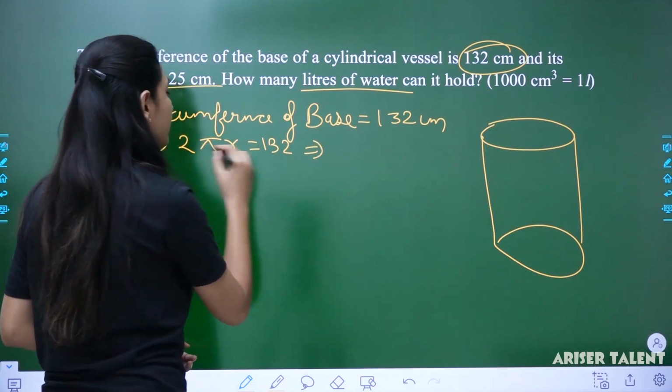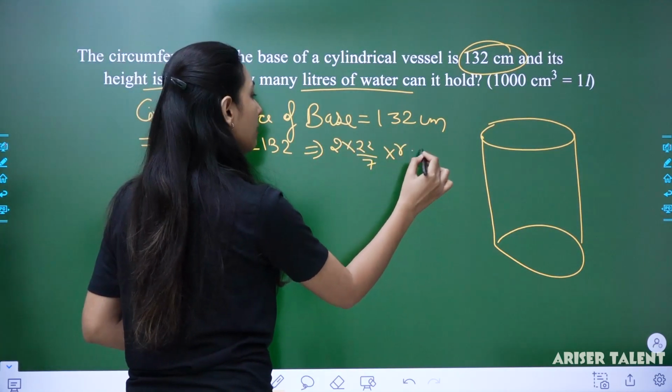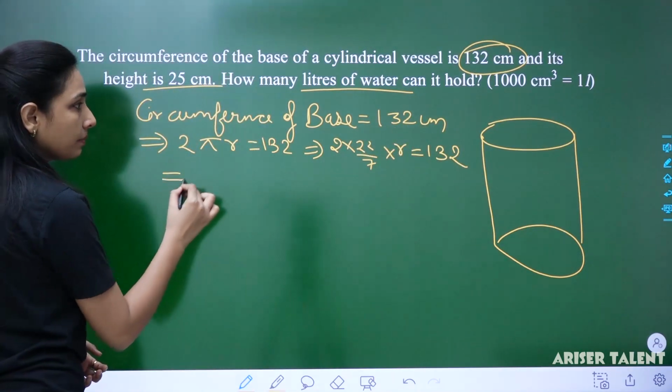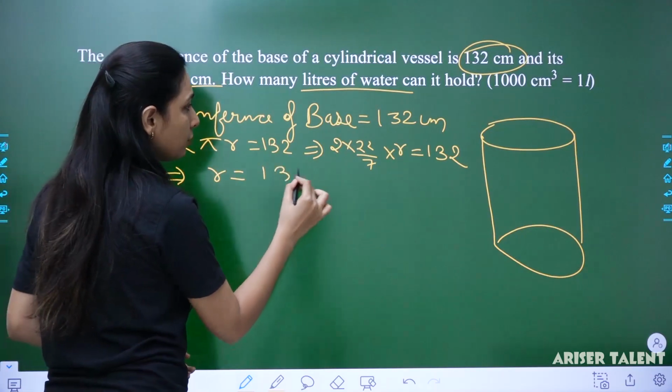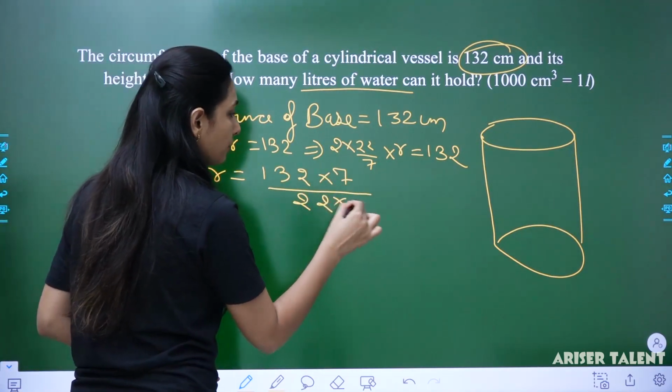This implies that 2 is 2, pi is 22 by 7 and r is r, equal to 132. That means r will be equal to 132 multiplied by 7 divided by 22 by 2.